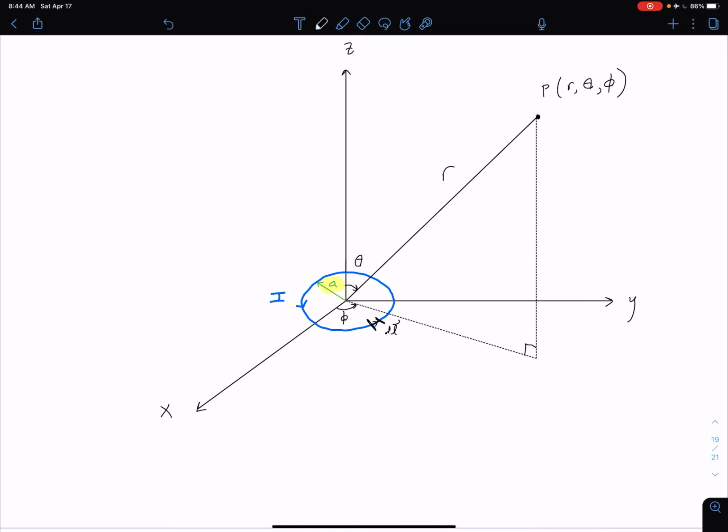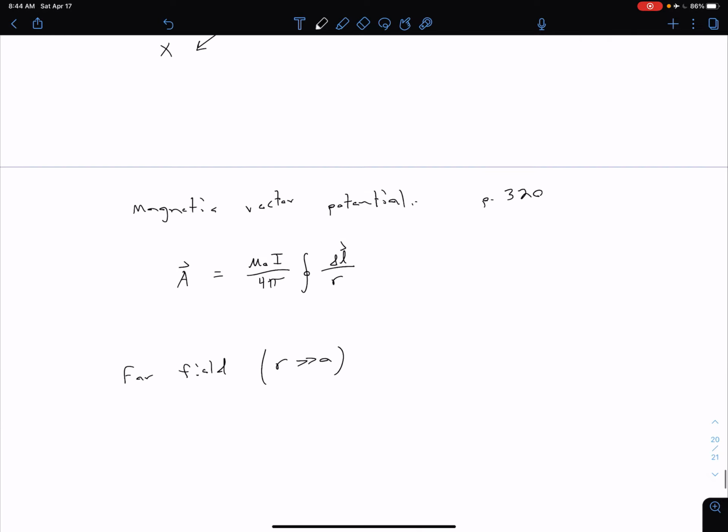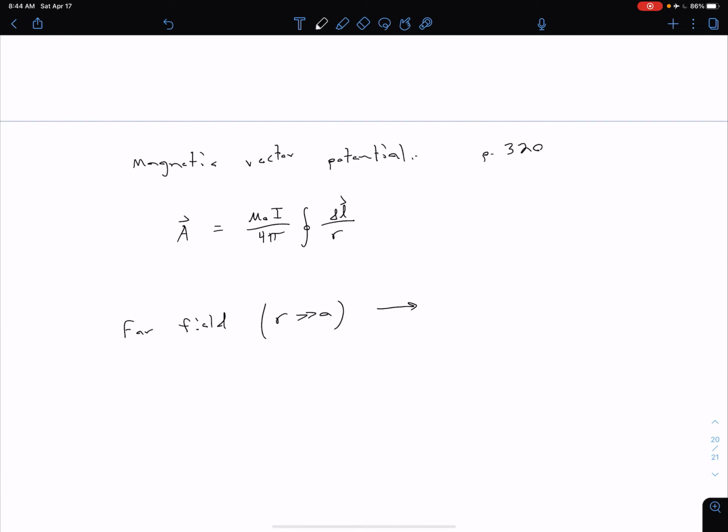So if our point of observation is very far away compared to the sides of the loop, what we can show is that ultimately our magnetic vector potential A becomes mu naught times I pi a squared sine of theta divided by 4 pi r squared, and that's going to be in our phi direction.